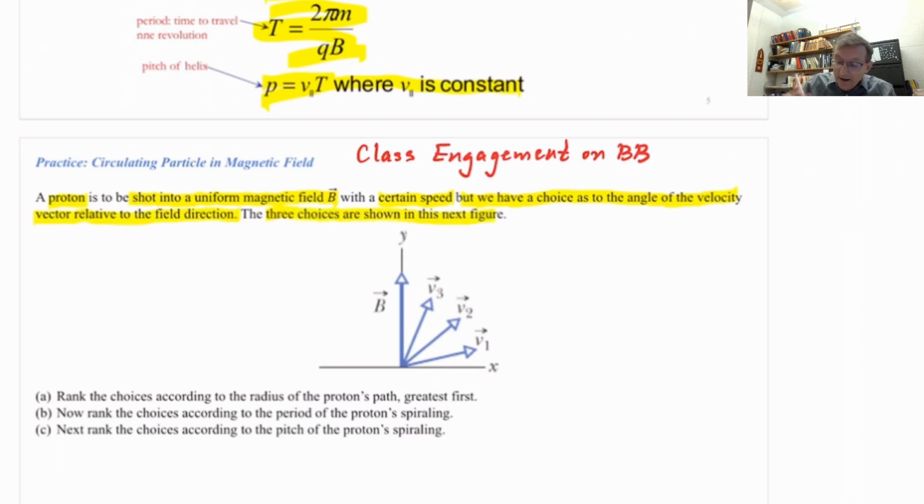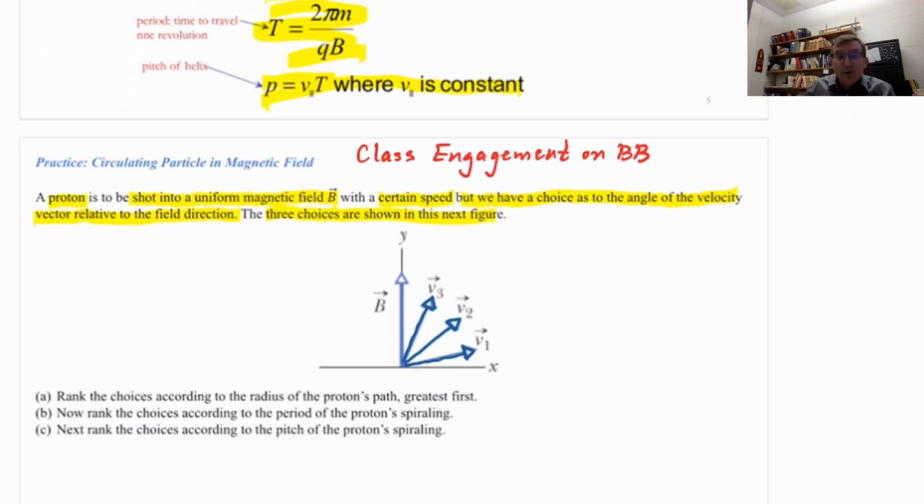So we can fire the proton with an initial velocity vector that's almost perpendicular to B, but not quite. We can shoot the proton with an initial velocity that's at about 45 degrees between the magnetic field direction and the x-axis. Or we can shoot the proton with an initial velocity vector that's almost parallel to B, but not quite.